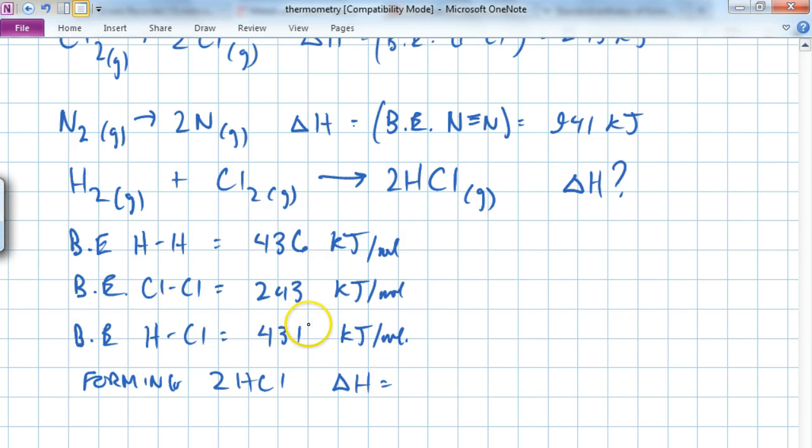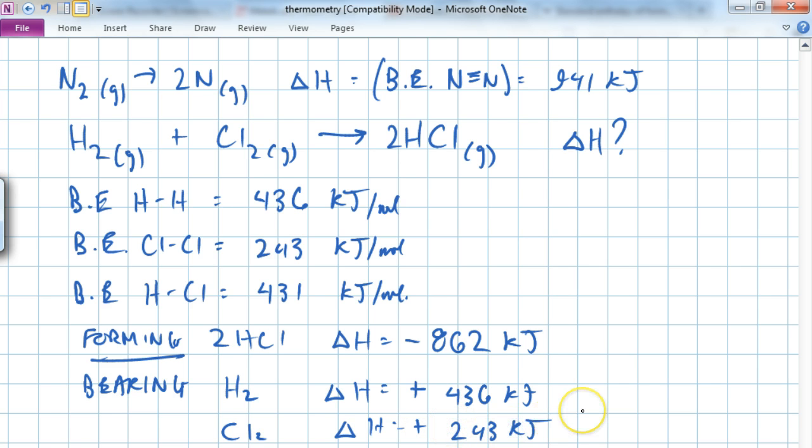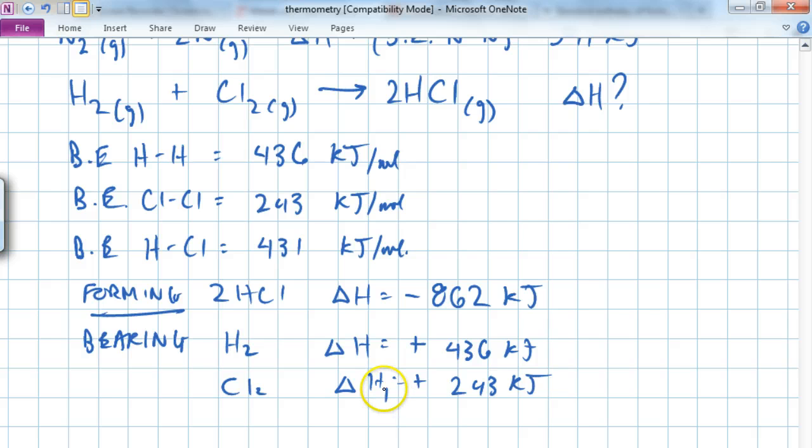So it's going to be negative 862 when we form 2 moles of HCl. We're going to be breaking a mole of each, hydrogen and chlorine. So this one's going to be positive 436 kilojoules, and then the chlorine positive 243 kilojoules.